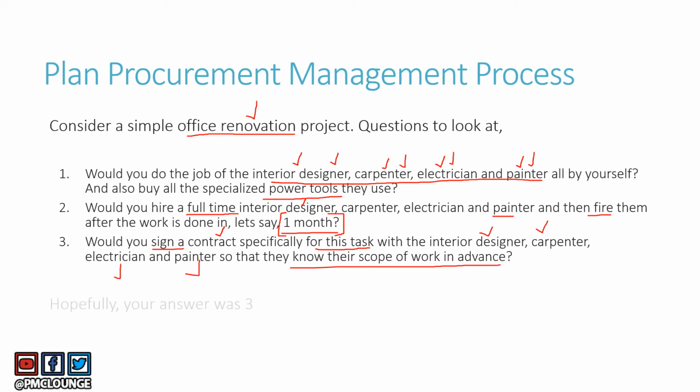What do you think? I hope the answer here that you have given is also point number three. It makes sense to sign a contract with these specialist people and have them on board for a month to do the office renovation project.